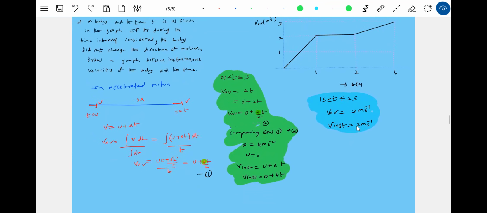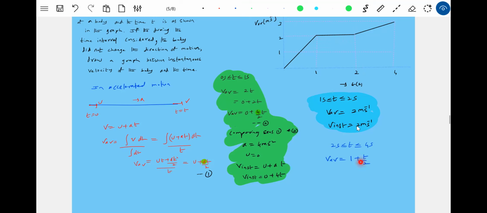So V average, let's write it here, should be equal to 1 plus t by 2. Here, put t equal to 0, so that the intercept should be 1. It will become equal to 1.